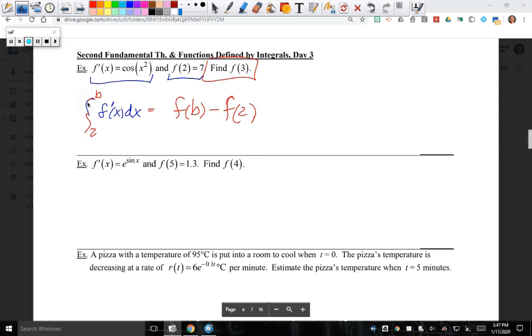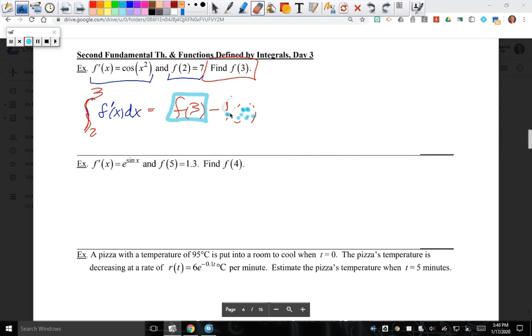What's b? 3. What are we looking for? f of 3. Do we know what f of 2 is? What is it? 7.